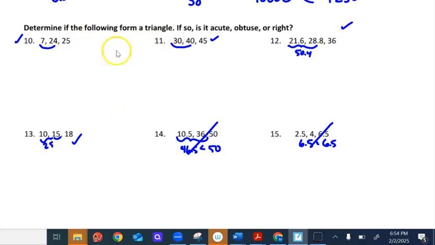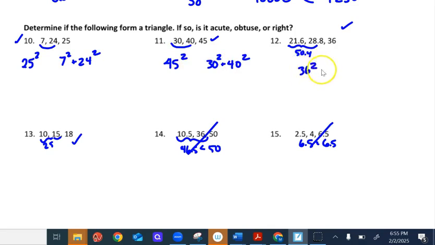So from all the others, let's go ahead and test out what kind of triangle it is. I'm just going to write them all out. C's on the left. This one, 36 squared, 216 squared, 288 squared. This one, 18 squared.